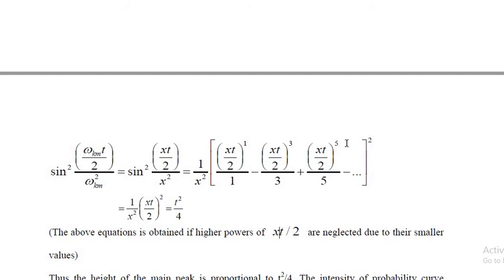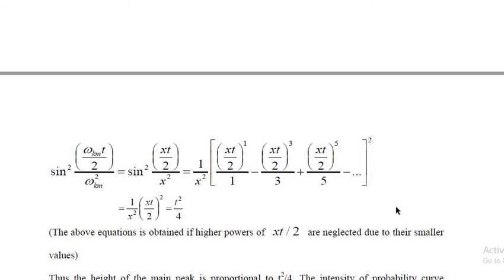Here, neglecting the higher order powers, that is cube, 5 and so on, only (xt/2)^1 remains. So this is equal to 1/x² times (xt/2) the whole square. I have taken this square here, and x² and x² get cancelled, so the remaining is t²/4.